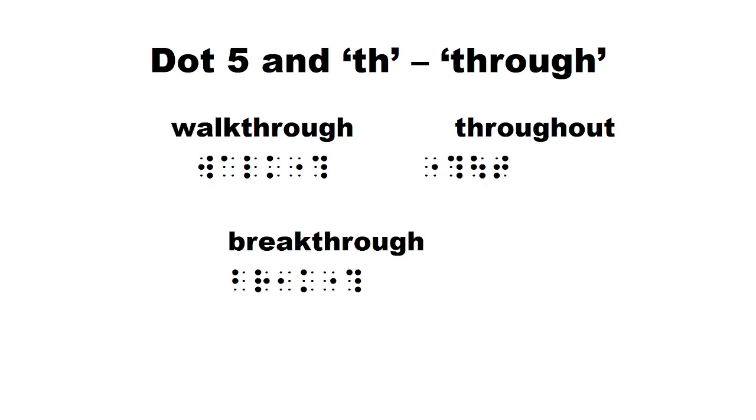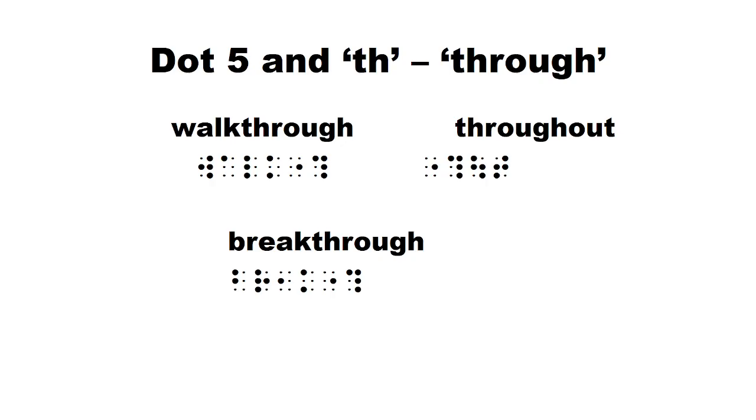Here we make use of the contraction for through, dot 5 TH, and then the contraction for OU, that's dots 1, 2, 5, 6, and letter T. So we're able to use just 4 cells in the word throughout.